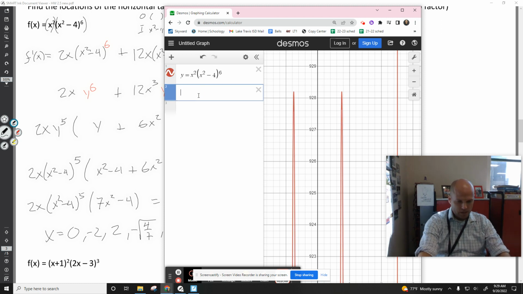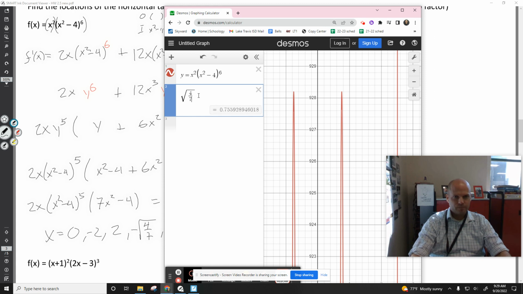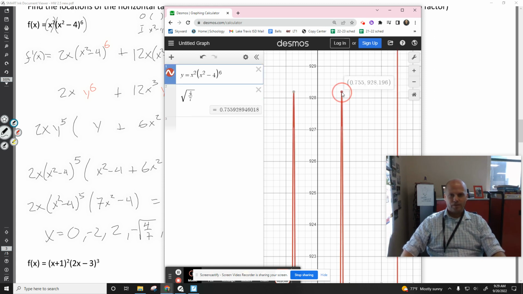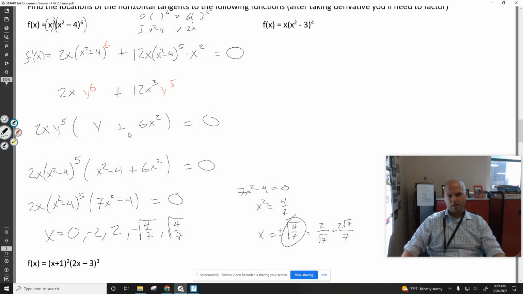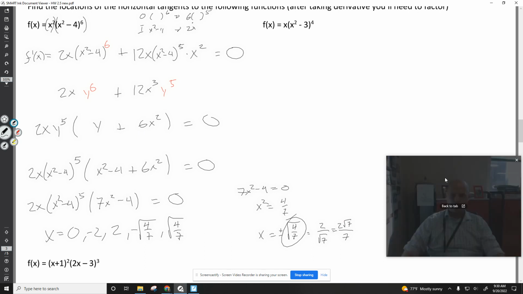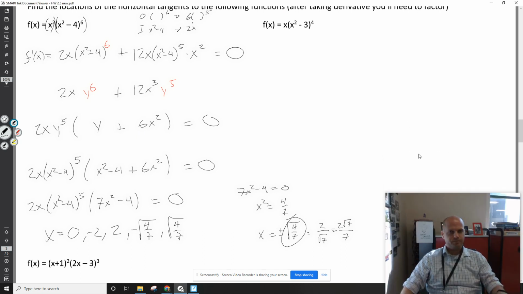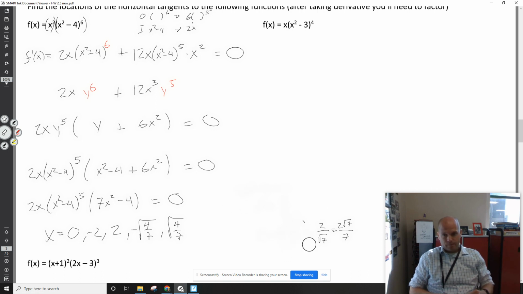Guess what? Take the square root of 4 over 7. 0.576. We just found that location right there using calculus. Okay, so there you go. That's the beautiful thing. Now, it's intense and involved, but we can do it. We can do it.